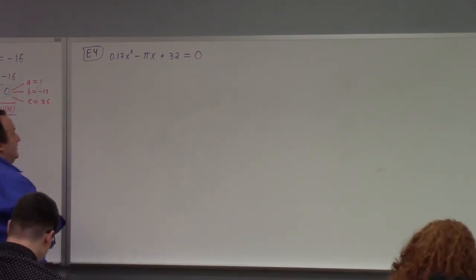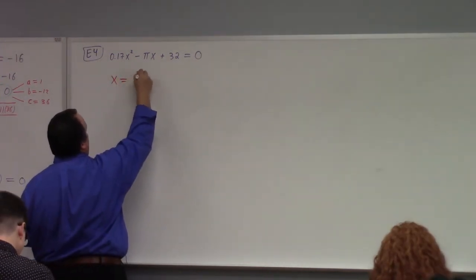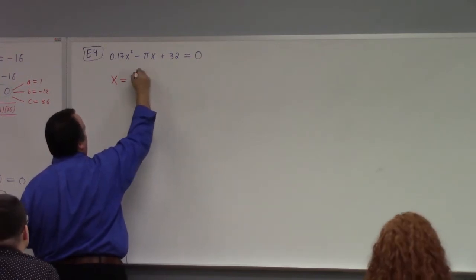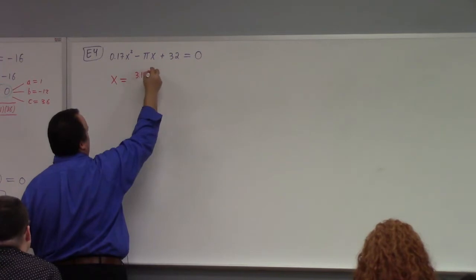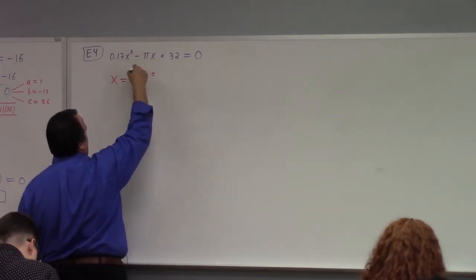So here, the quadratic formula looks like this. x equals pi plus or minus, oh, what is pi? Let me just put the numbers in. Pi is about 3.14-ish. Plus or minus, it's minus pi, so I have a plus there.